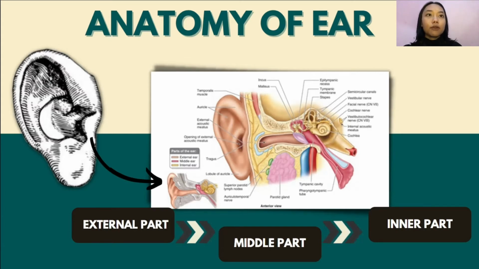The tympanic membrane is the organ that separates the outer ear from the middle ear. The middle ear is divided into two parts, the tympanic cavity proper and the epitympanic recess. The pharyngotympanic tube is the connection between the middle ear and the nasopharynx.